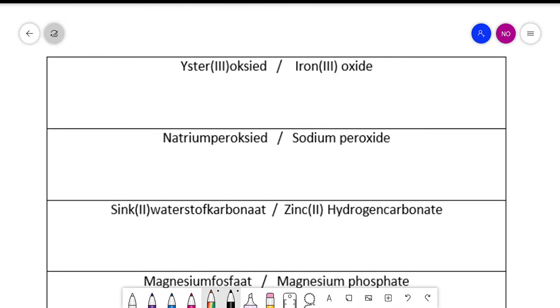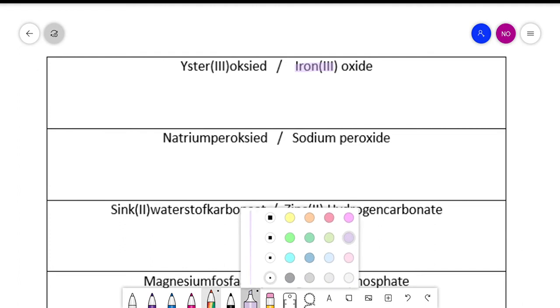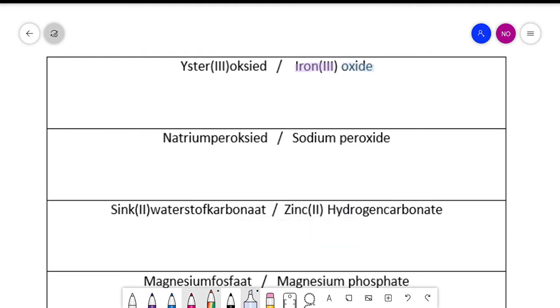Goed, ons is daarom al op die volgende bladsy, so I'm going to go a bit quicker now. Iron 3 oxide means iron has a 3+ charge, and oxide from the periodic table has a 2- charge. So I have to do 2 to 3. I take them to a charge of 6, so in other words, no polyatomic ion, so I don't need any brackets at all.